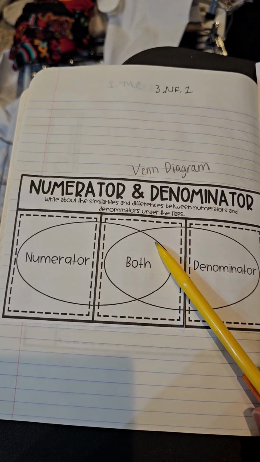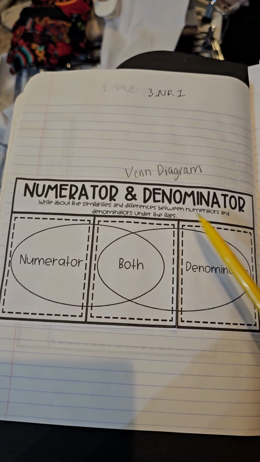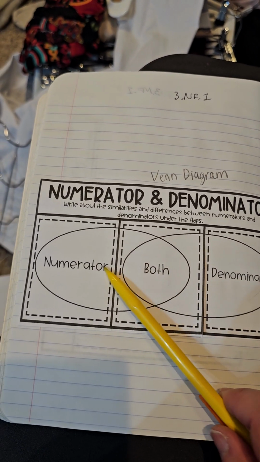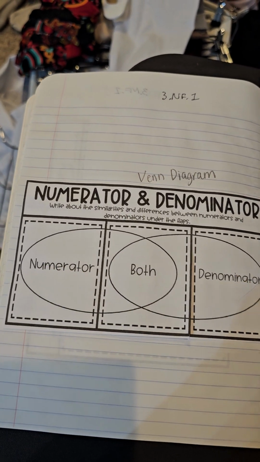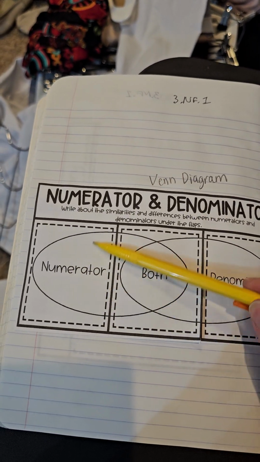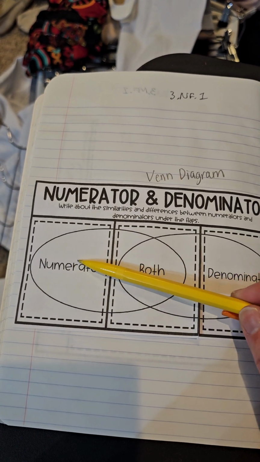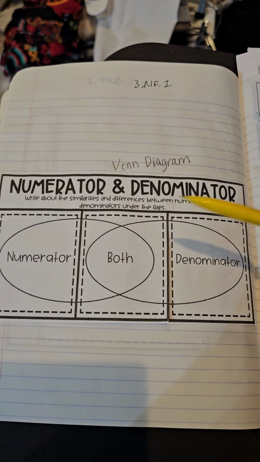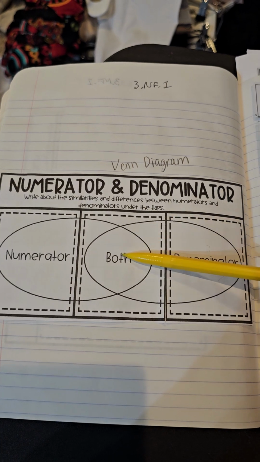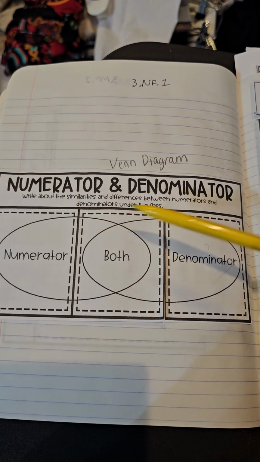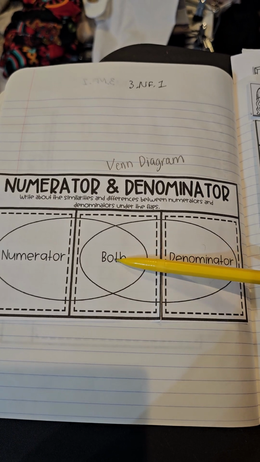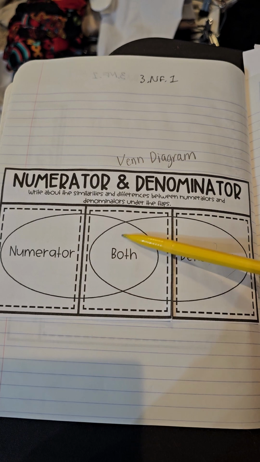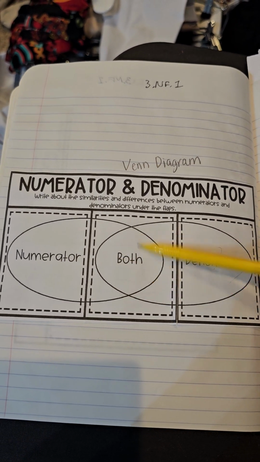So when you draw them, you draw a big circle and then another big circle, and it comes inside the other circle. And this information is only about numerators. This information is only about denominators. And in the center, it's something that they both have in common. What do numerators and denominators have in common will be written under this flap. And when you do these circles, that's where it's written too. It's written in this area right here.